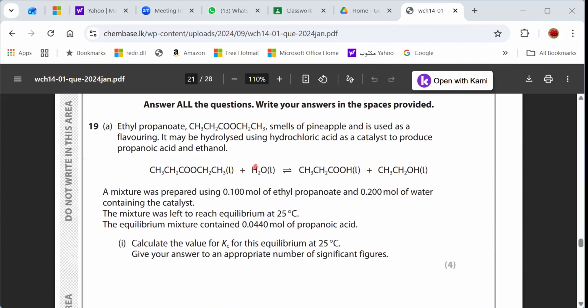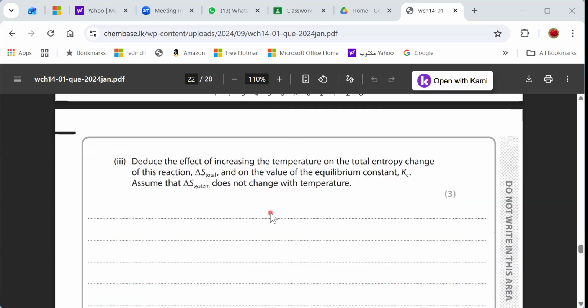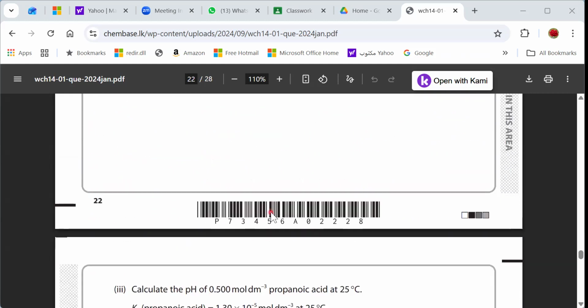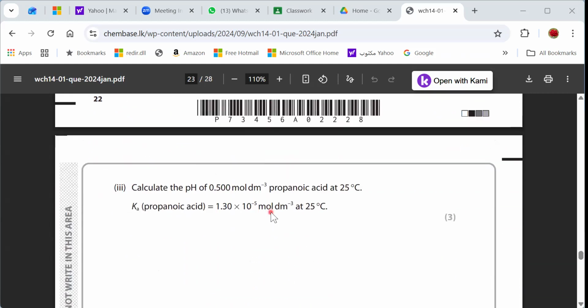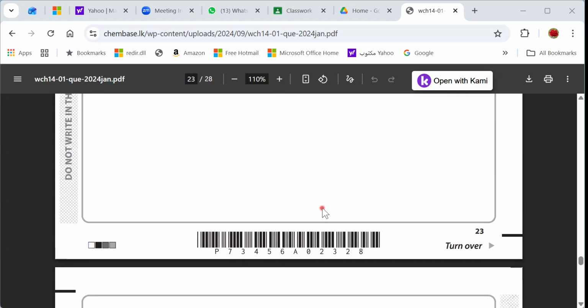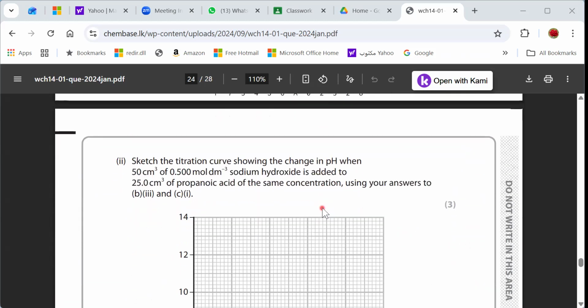At first it started as equilibrium. They said here propanoic acid is a weak acid. We calculated pHs. Calculate the pH of 0.5 mole propanoic acid. Now we come to here.